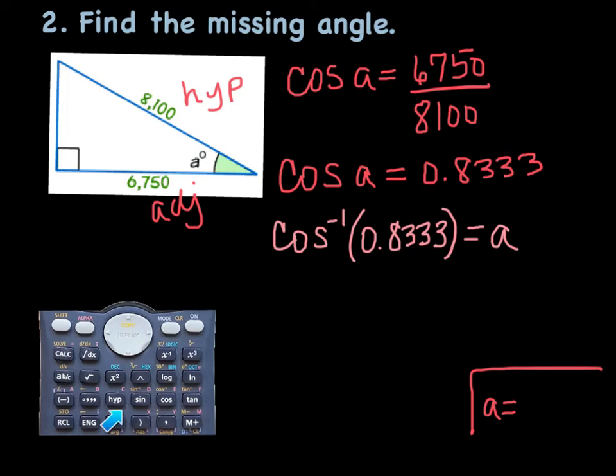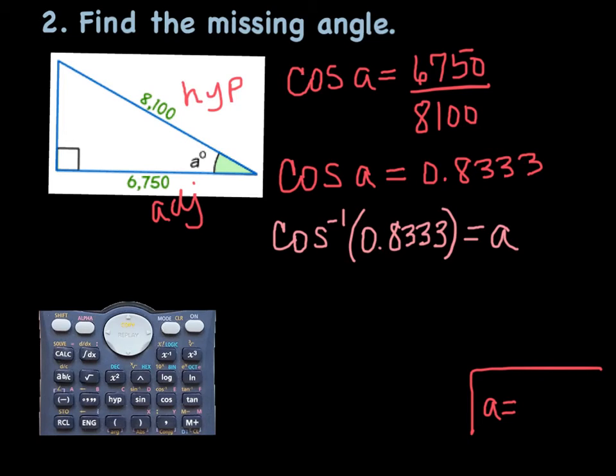So you push shift, inverse cosine, then your number. Let me go ahead and do that. I'll just go ahead and use the rounded number, 0.8333.